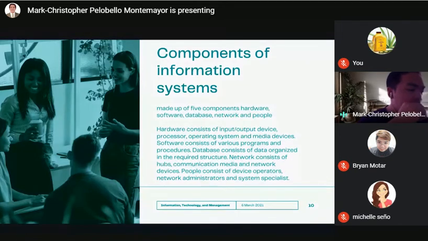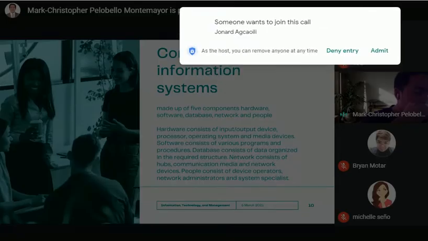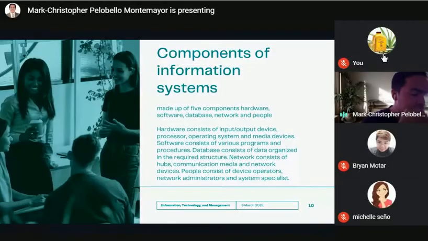While on the other hand, software consists of various programs and procedures, yung mga applications. Database consists of data organized in the required structure. Network consists of hubs, communication media, and network devices. And lastly, people. People consist of device operators, network administrators, and system specialists.